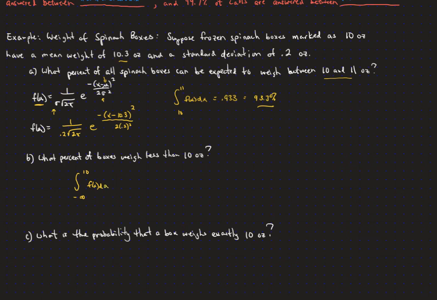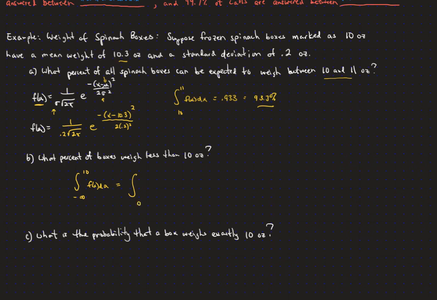So since we can't really plug in negative infinity, we're just going to take a number pretty far away from the mean. So our standard deviation is 0.2 and our mean is 10.3. So, once you get more than 5 or 6 standard deviations away, it's going to be pretty negligible.